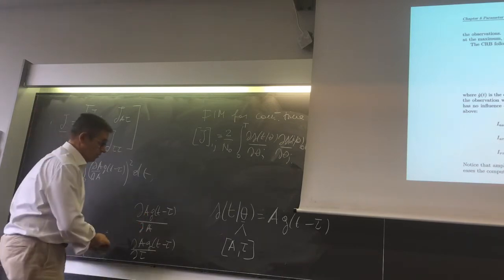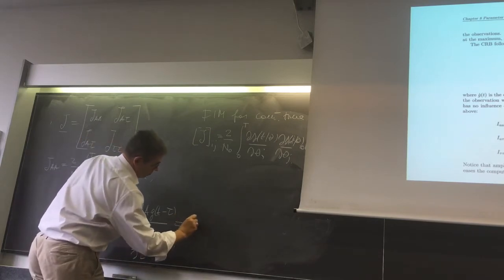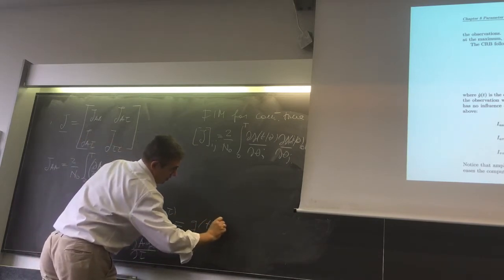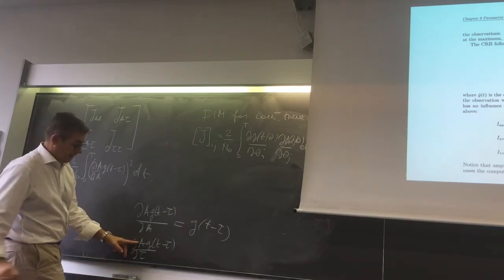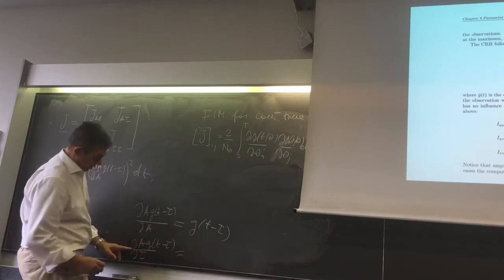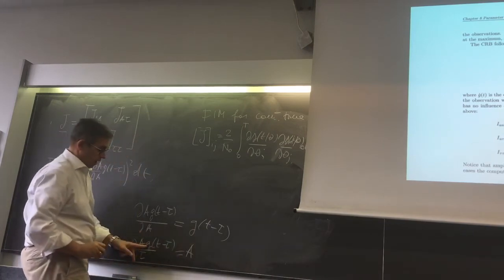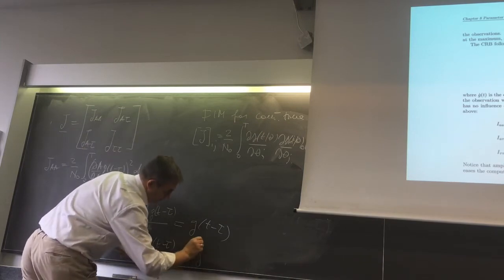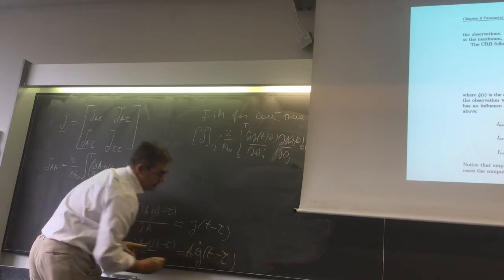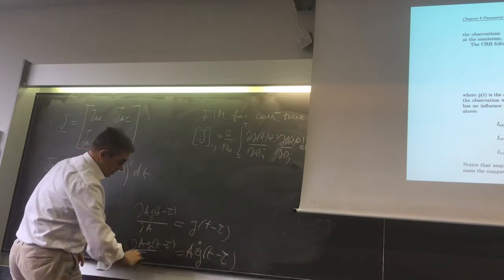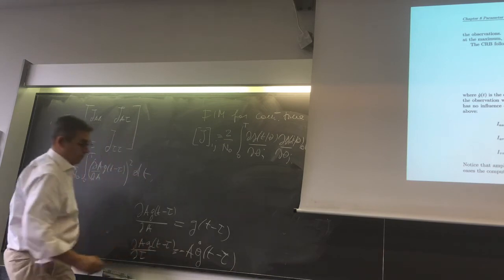The derivative with respect to tau: amplitude is a scaling factor, so I have the derivative g prime of t minus tau, then the derivative of minus tau, so it is minus that.